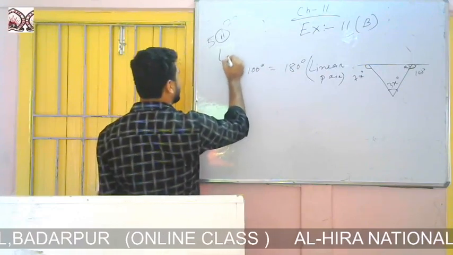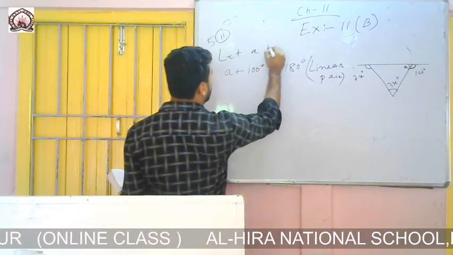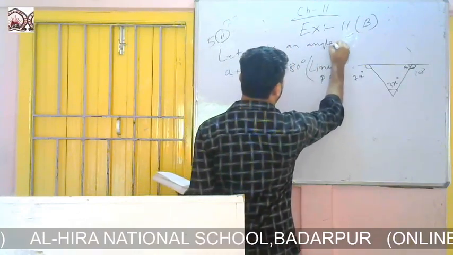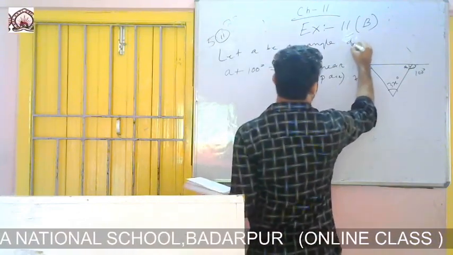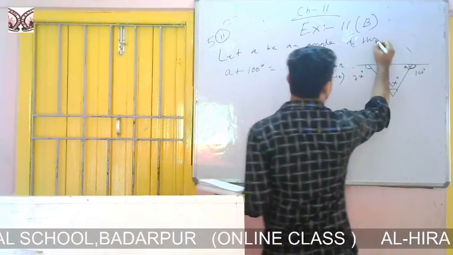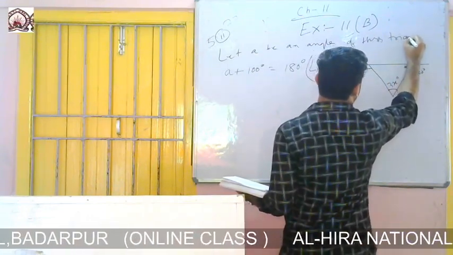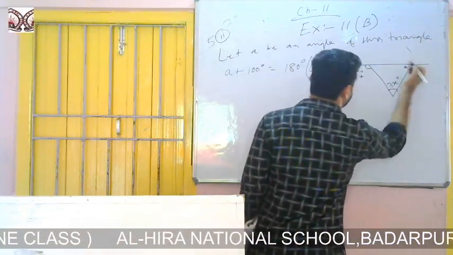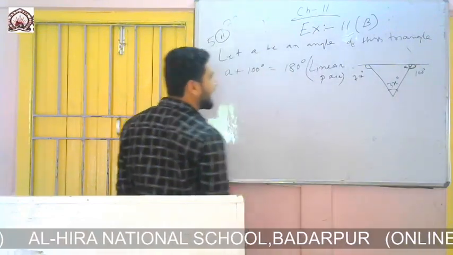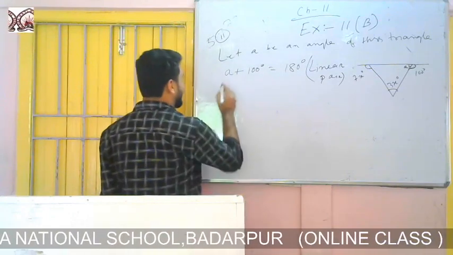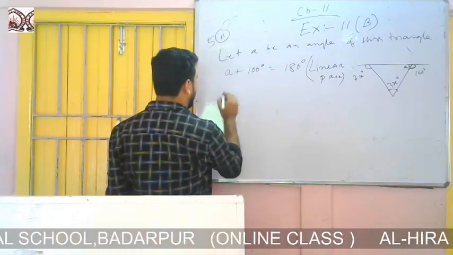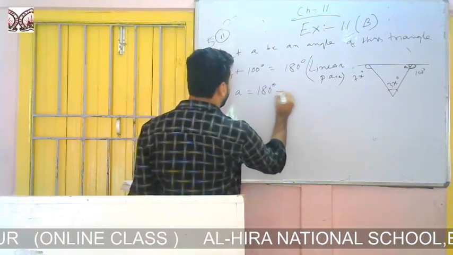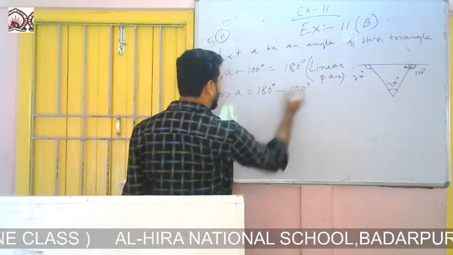You can write here, let A be an angle of this triangle. We have just let it be A. So from here you can find A equals 180 degrees minus 100 degrees.